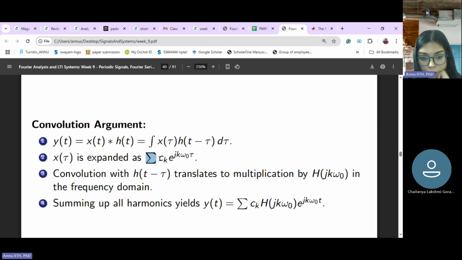If you put this into the above equation, convolution with h(t minus tau) translates to multiplication by capital H(j k omega naught) in the frequency domain. Summing up all the harmonics yields y(t) equal to the summation of c_k H(j k omega naught) e^(j k omega naught t). This is what it gives.